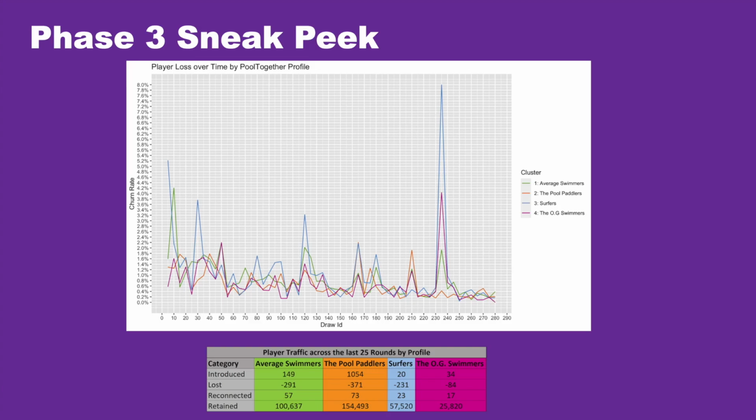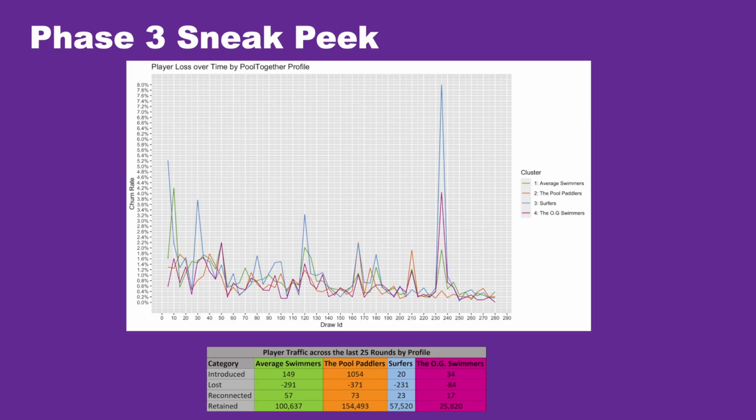What this is telling us is that these profiles really do capture differences in the behaviors of the players on this platform. And to be honest, we're really confident that this is the case, but the hope is that if we do this analysis by profile, we will get really distinctive results across the profiles.